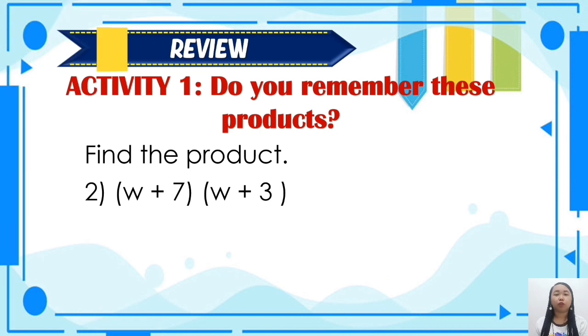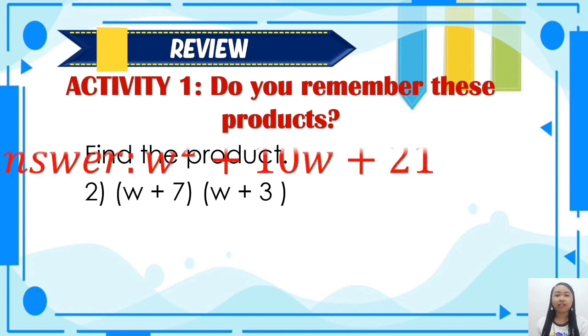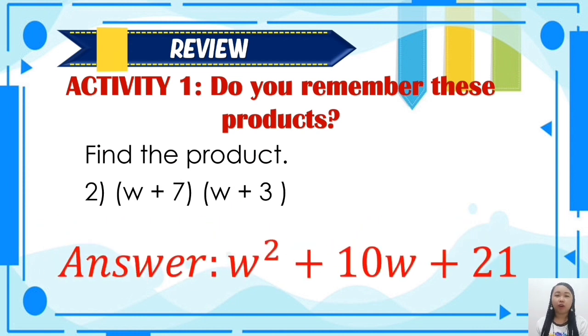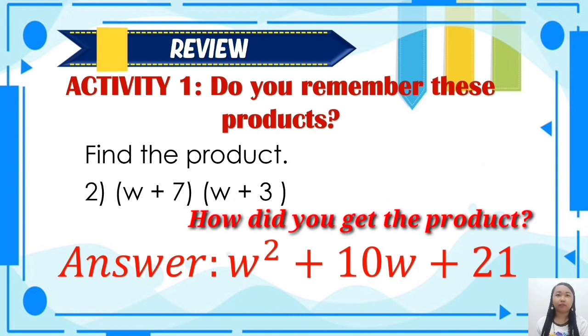Next, number 2. The quantity of w plus 7 multiplied by the quantity of w plus 3. The answer is w squared plus 10w plus 21. Okay, correct.